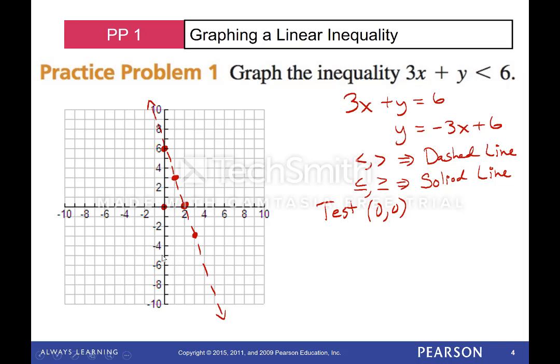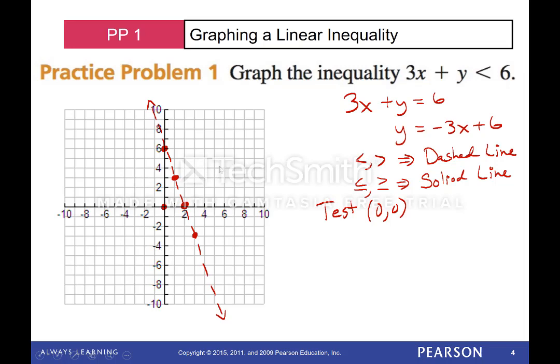What we want to do is figure out where's the true side and where's the false side. If you pick a test point and it's true, that means we're going to shade the side with the test point. But if the test point turns out to be false, we're just going to shade the other side of the test point, because these sides are either true or false. If one is true, you know the other one has to be false, and vice versa.